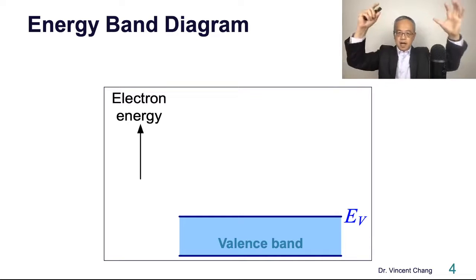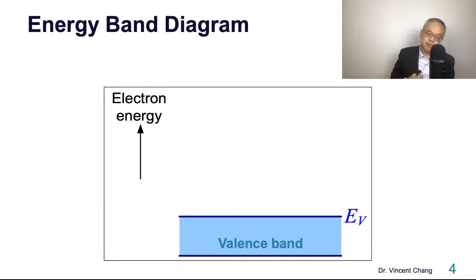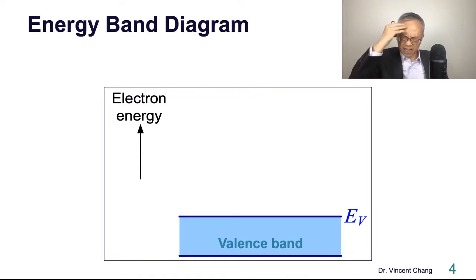The upper band is a little bit hard to grasp because it's kind of abstract. I don't know if you have ever learned the Fourier transform. It's kind of similar, because we live in the time domain, which is real.